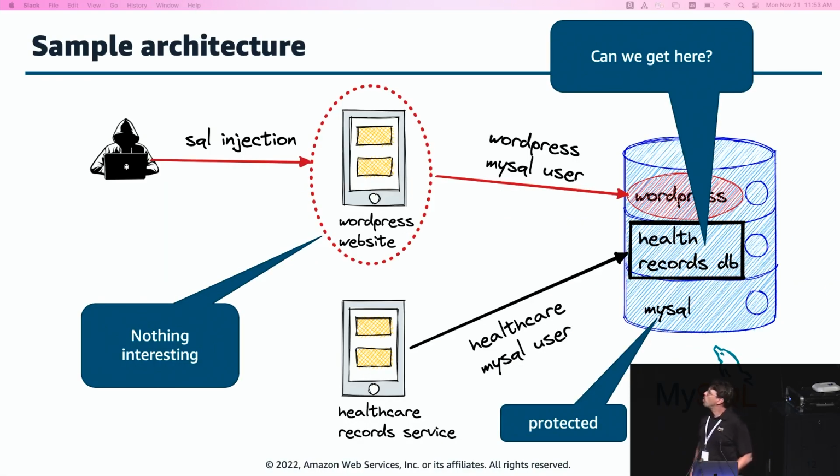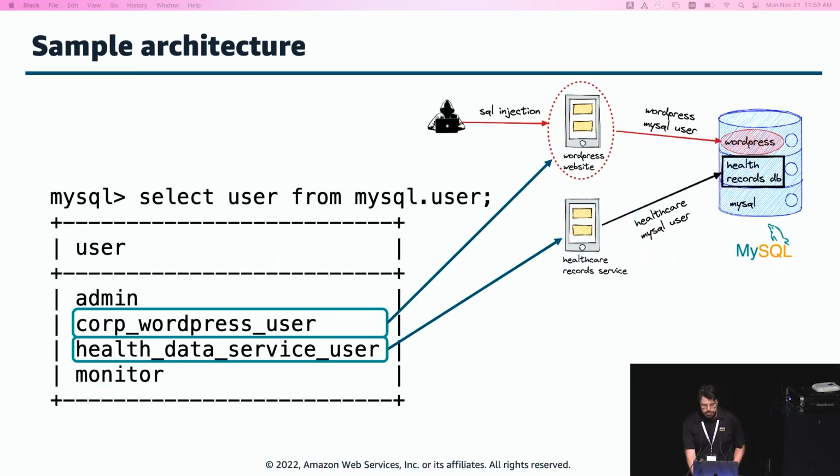So again, our goal is to somehow get to this health records database in MySQL. And we want to try to actually retrieve the password from the MySQL user. But this MySQL database is protected. So let's see more details.